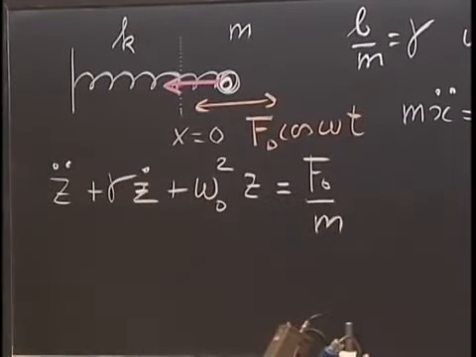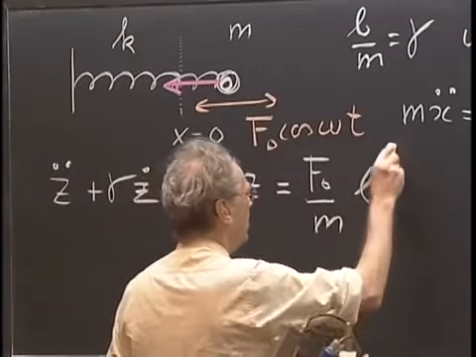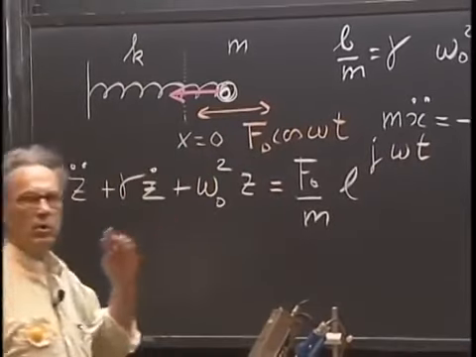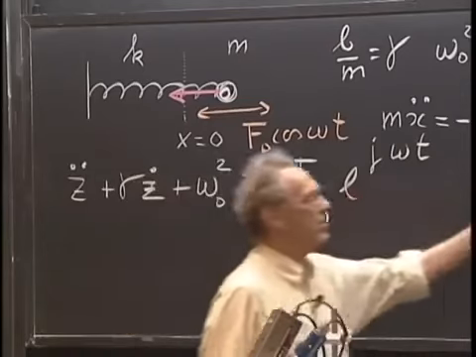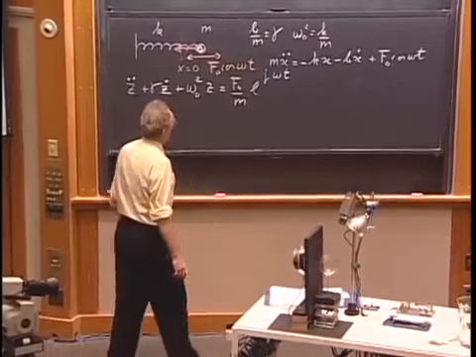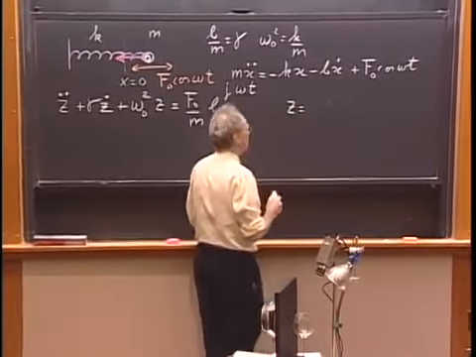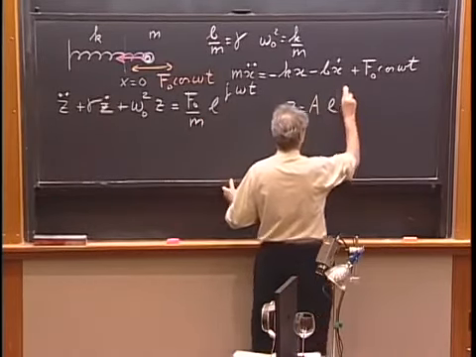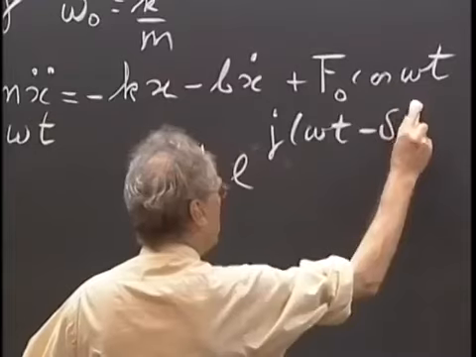Remember, I divided m out, and then we get cosine omega t, for which I will write e to the power j omega t, because I work now in the complex plane. And through Euler, I can always convert that back to cosine. My trial function for z, which is a complex notation, is some amplitude A times e to the power j (omega t minus delta).